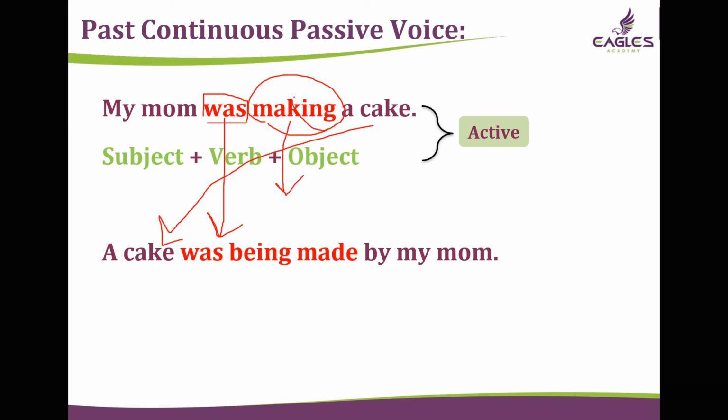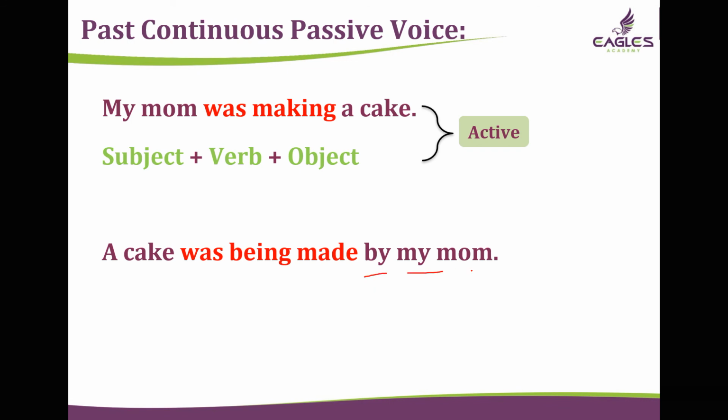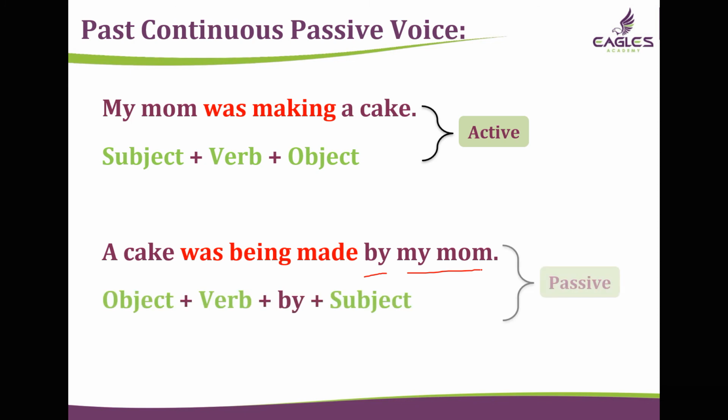And we change "ing" to what? "Being". And we turn make to what? To made. Okay, which is the past participle of make. Then we add "by" and the subject. Is it easy? Yes, it's too easy.